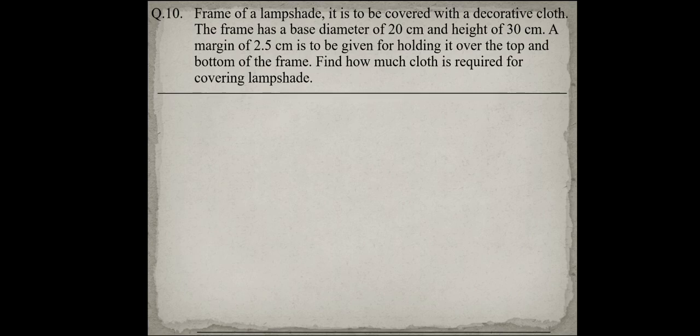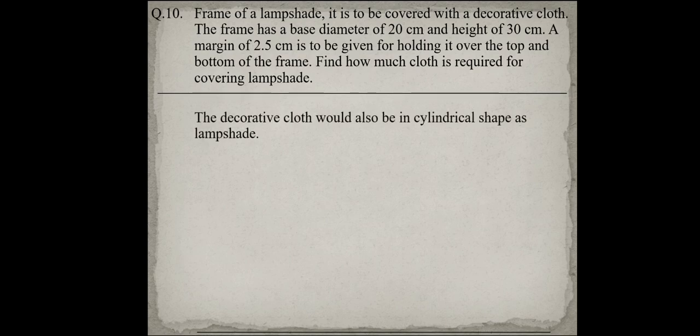Same here, there were holding. Mean, if you hold that decorative cloth a little bit on the top and a little bit on the bottom of that frame, so that is the extra part. So the decorative cloth would also be in cylindrical shape as lampshade, because you are wrapping that lampshade completely.